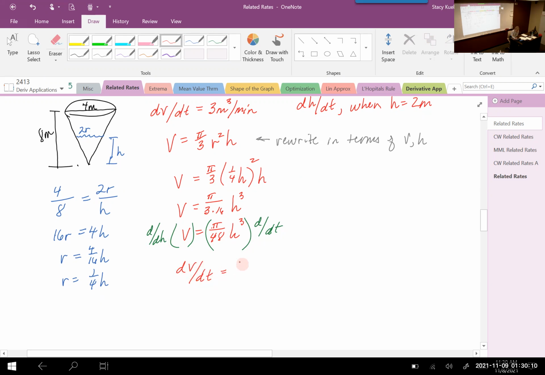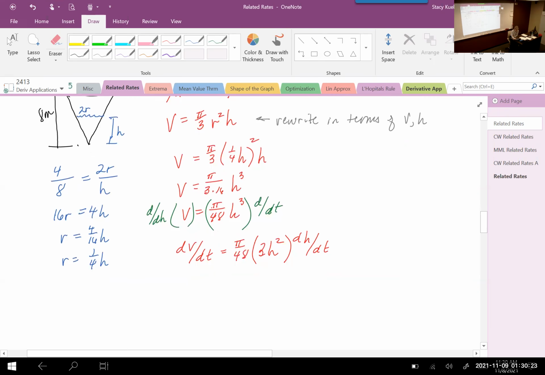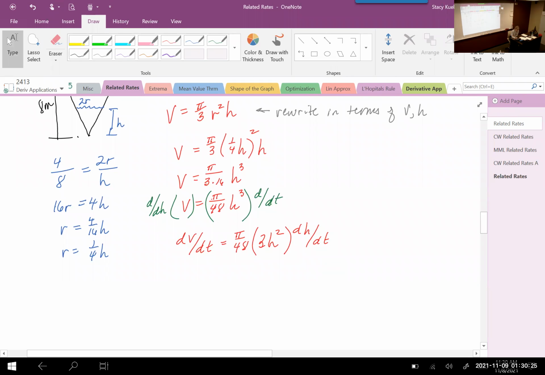On the right, I get pi over 48 times 3h squared dh/dt, or dV/dt is equal to pi over 16 h squared dh/dt.